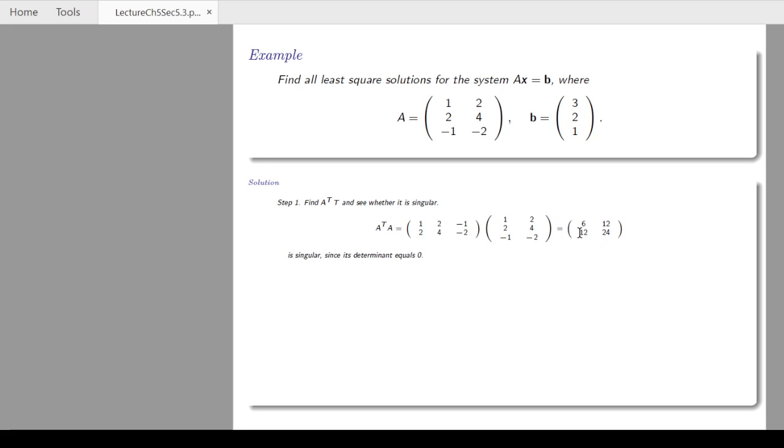If we look at this matrix, it is a 2 by 2 square matrix. For this matrix, the first row and the second row have a relationship: if we multiply the first row by 2, then we get the second row. So from this, we can easily say this matrix is singular. Or you can calculate its determinant. The determinant is 0.